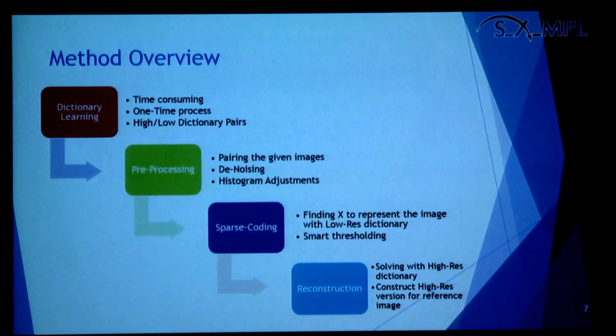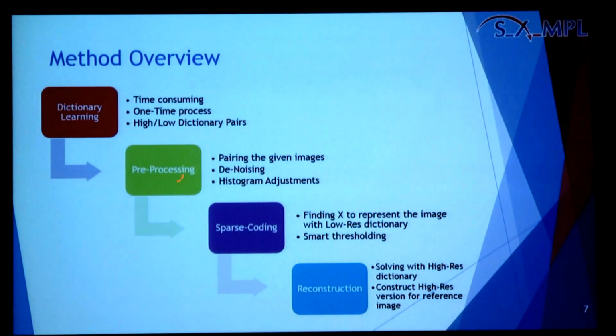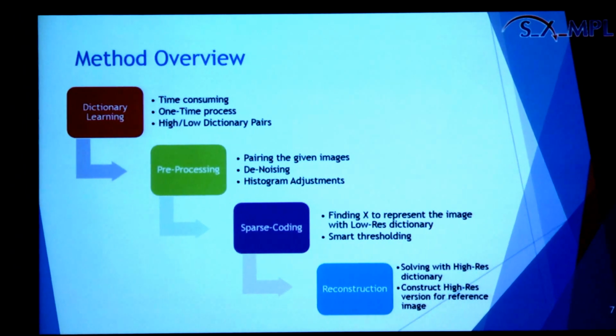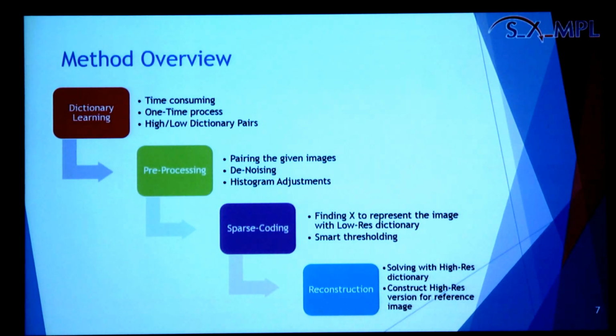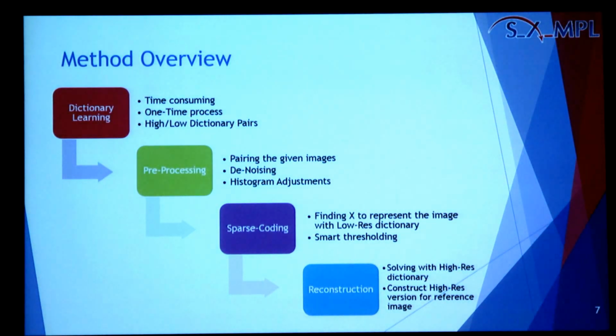We can store that dictionary aside and move on to the next steps easily and do them fast, which means the pre-processing, sparse coding, and eventual reconstruction of the super resolution image are performed live, very fast and very efficiently. So that's our methodology, splitting the problem into two steps. One of them is intense but happens offline, and the other three steps happen online and yet fast.